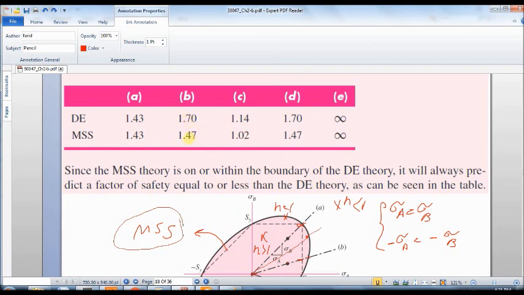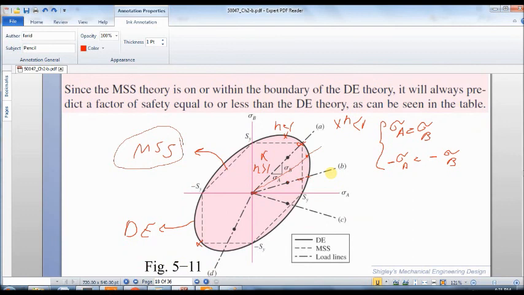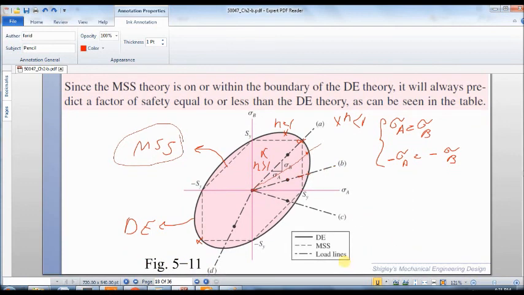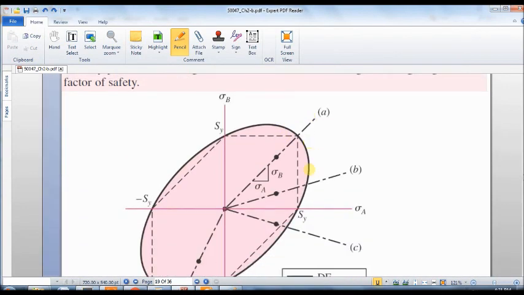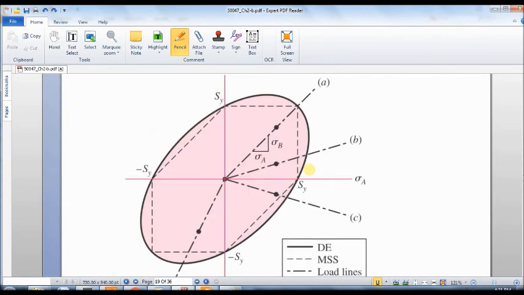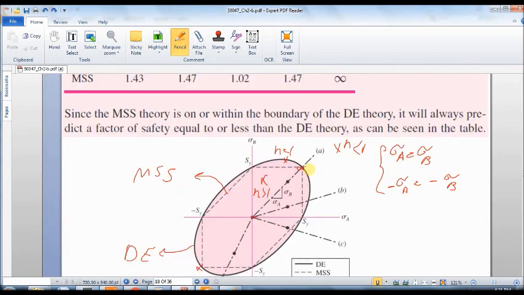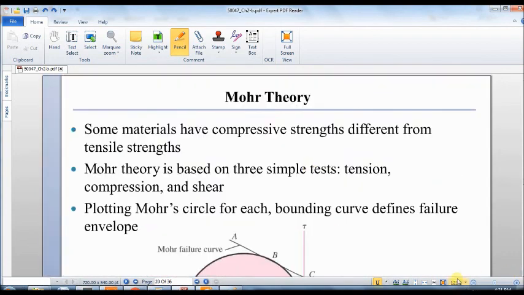See, this is bigger than this, and so that's why maximum shear stress theory is more conservative. So as I told you, this is distortion energy theory, this is maximum shear stress theory, and this is the load line. I think this is the end of the problem. Okay, thank you very much for your attention.